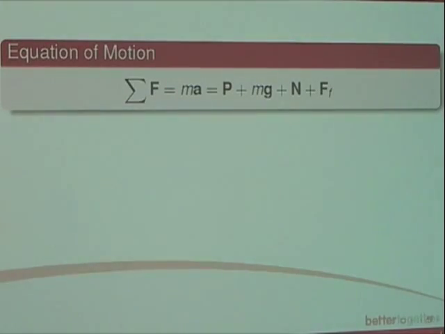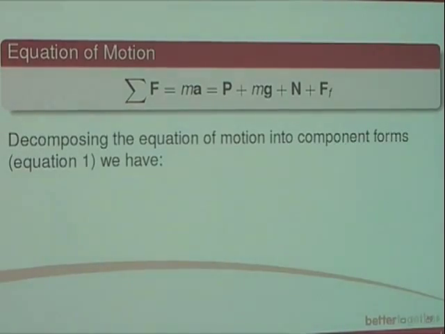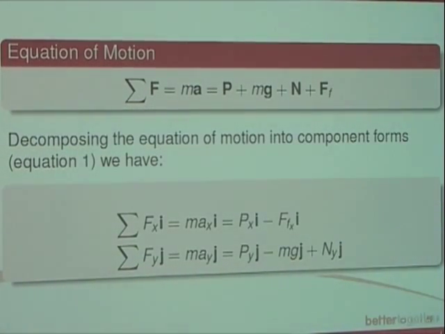And we can now move on to decomposing the Newton's second law equation. So in the x direction, we've got the sum of all the forces equals the mass times the acceleration in the x direction, and that's going to be Px, okay, which is in the positive x direction, minus the friction force, okay? Now the friction, we've got a minus sign there because the friction force is acting in the opposite direction to positive x, okay, or positive i.